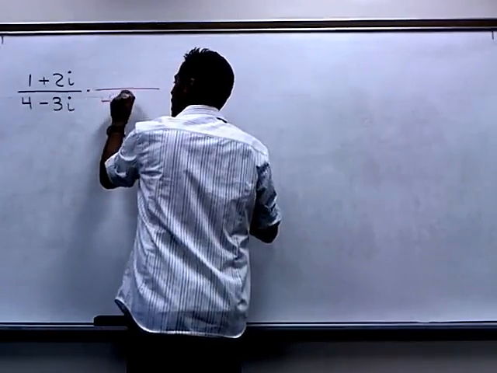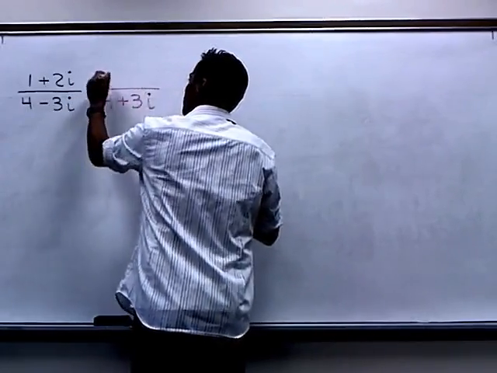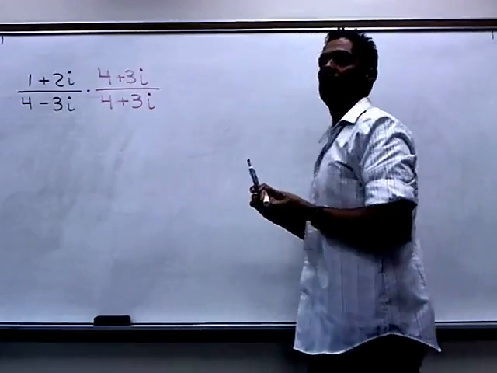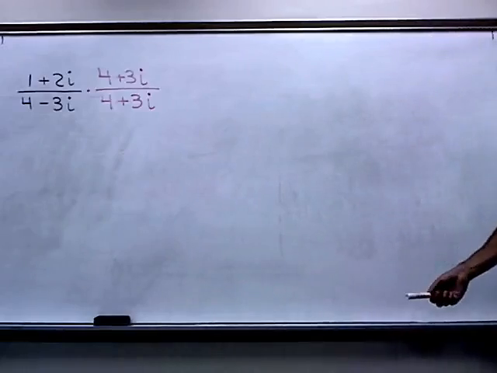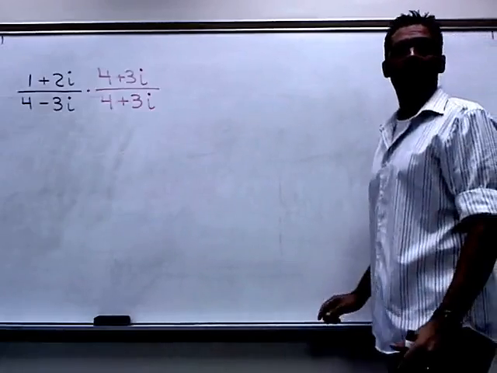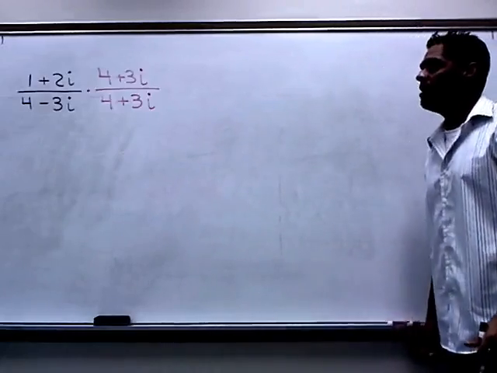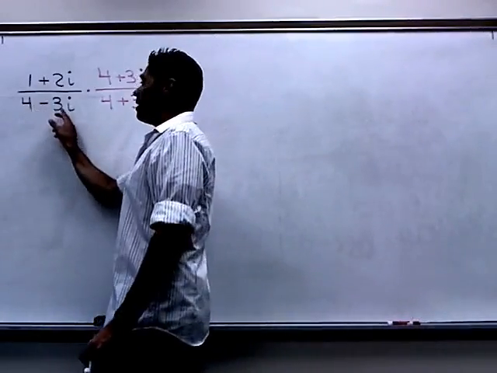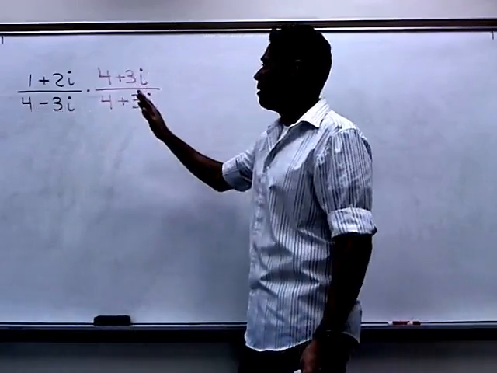Just between them, not both signs, just the sign in the middle. That's known as the complex conjugate. Always change the opposite of the sign in the middle. So had this been a 4 plus 3i, I would have come in here with the what? 4 minus 3i.